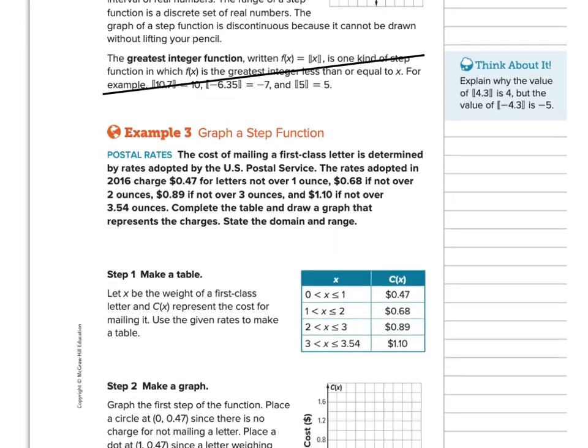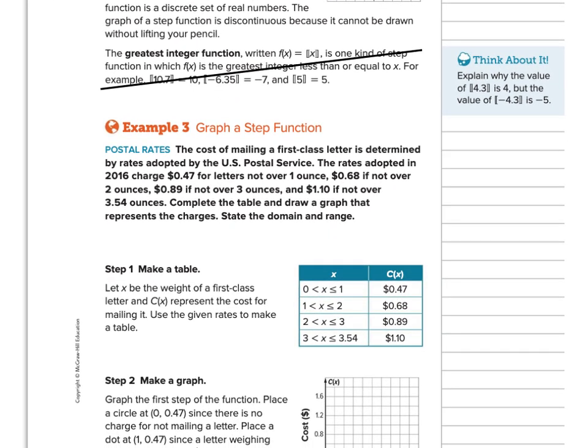All right, so the cost of mailing a first-class letter is determined by rates adopted by the U.S. Postal Service. These are old rates. The rates adopted in 2016 charge 47 cents for letters not over 1 ounce, 68 cents for not over 2 ounces, 89 cents if not over 3 ounces, and $1.10 if not over 3.54 ounces.